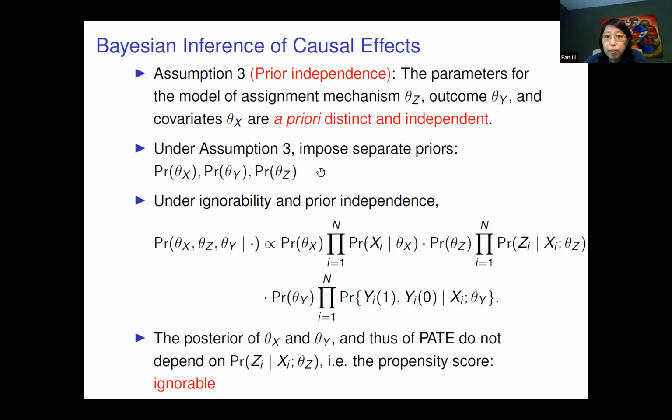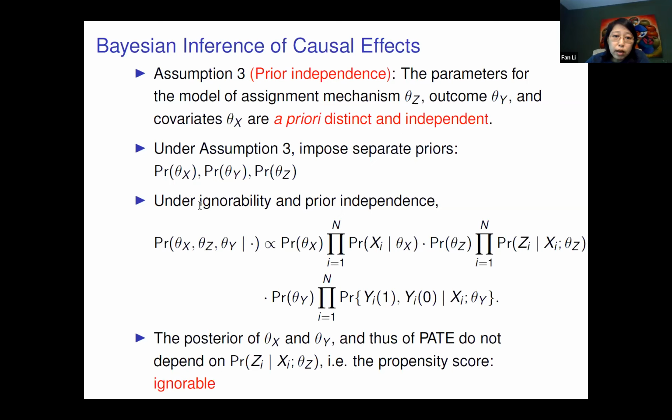If you have prior independence, of course, the next thing is you can just impose separate models for each of them. Then you have your model, you write down the likelihood, and then you get the posterior distribution of these parameters, and that's all you need.